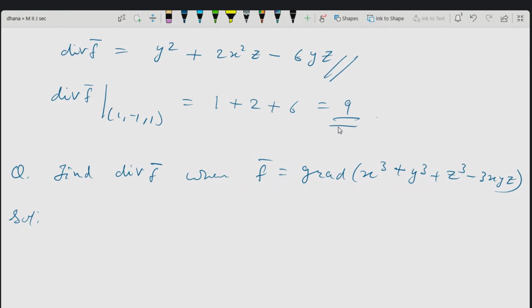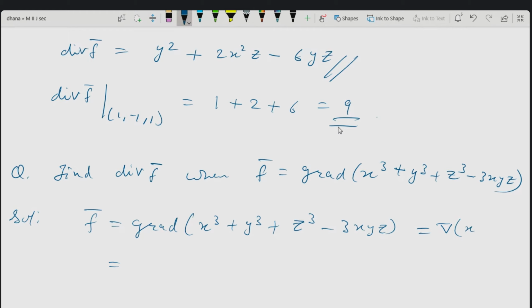Okay, so let us calculate first f bar. Directly I'll write f bar is equal to gradient of x cube plus y cube plus z cube minus 3xyz. So gradient means del, del on this function. So what is del?